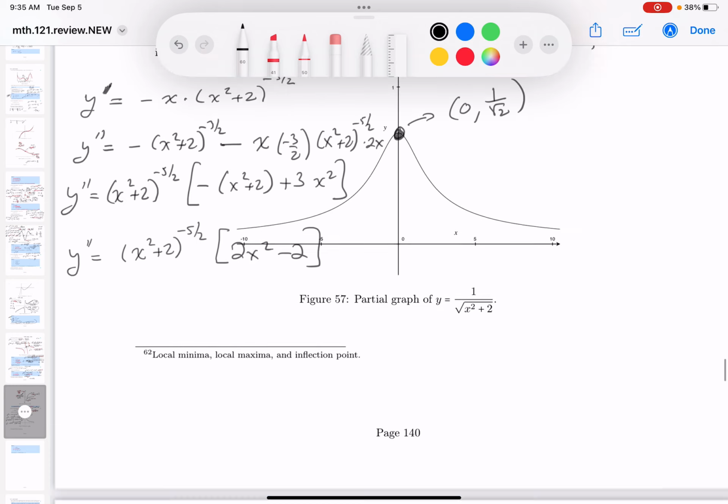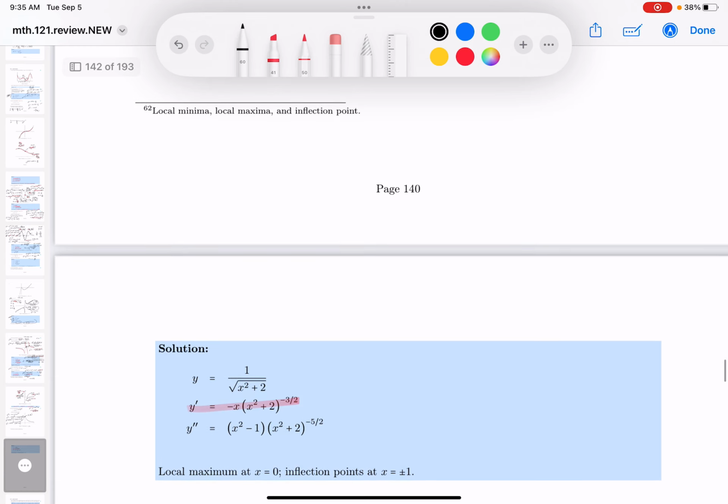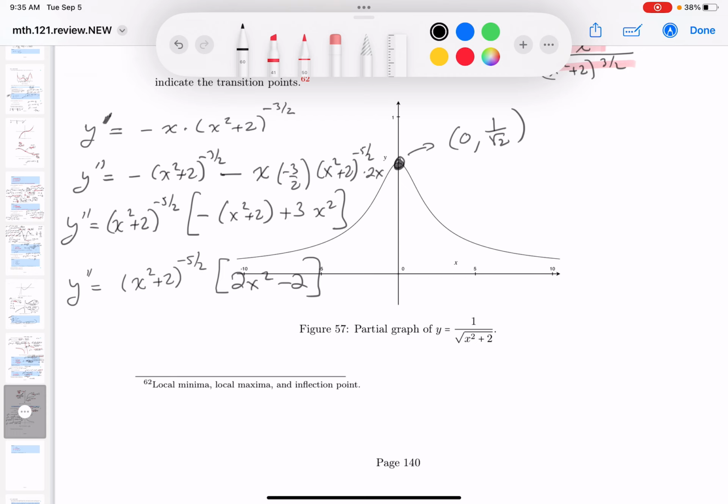All right, I'm going to go to the key, and I want to see if that's there. And I think I made a mistake somewhere. Let me see where I made the mistake. Second derivative. I factored out the (x squared plus 2) to the minus 5/2. I did that. I got that over there.